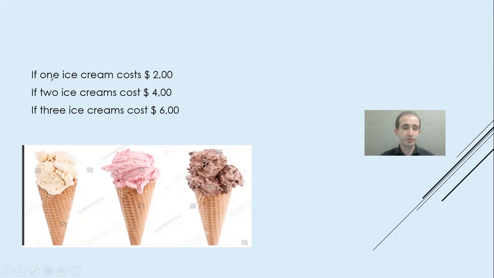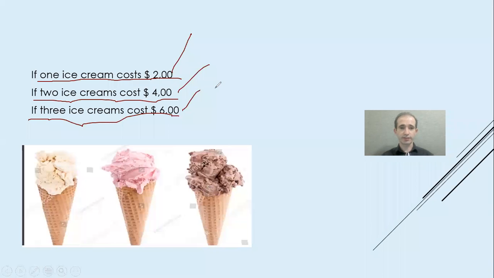Here we have a situation about ice creams. If you buy one ice cream and you pay $2, for example, if you buy two, you are going to pay $4, and if you buy 3 ice creams, you are going to pay $6.